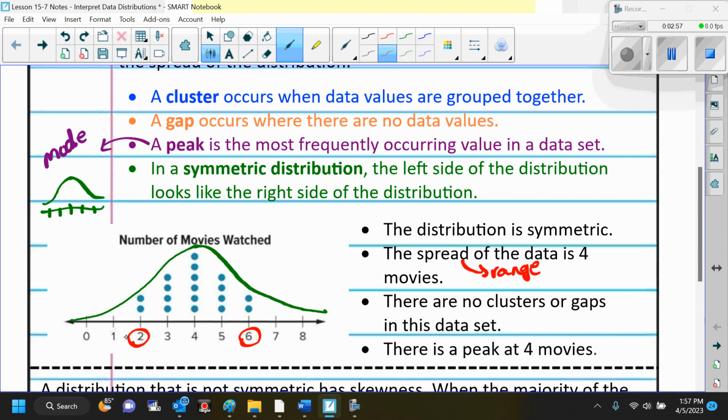There's no gaps because there's not a place where there's no dots. And then there's a peak at 4 movies. This is the highest, so that 4 will be the mode. That's the peak.